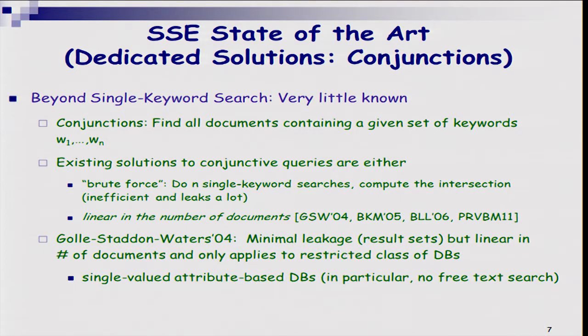And from these works, one main work that had follow-up is the one by Goldstein and Waters, which actually does minimal leakage in the sense that it only leaks the encrypted result set, but the complexity is linear in the number of documents in the database. It also has some other restrictions, like it works for single value, attribute-based databases. It doesn't work for free text. So this is a very limited availability of solutions.